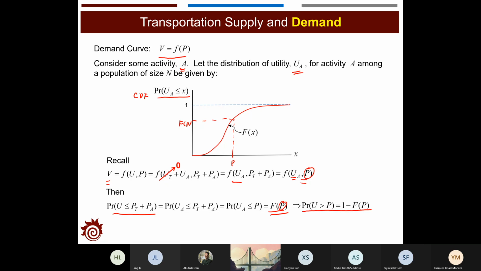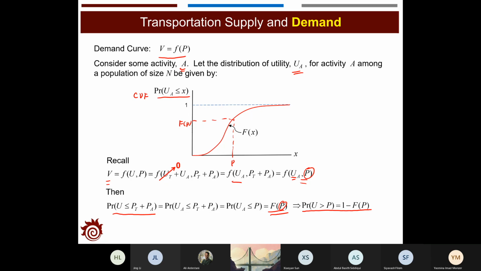As a rational person making a decision about the utility and also the trip, usually we make a decision about whether the utility that we can get is higher than the cost.